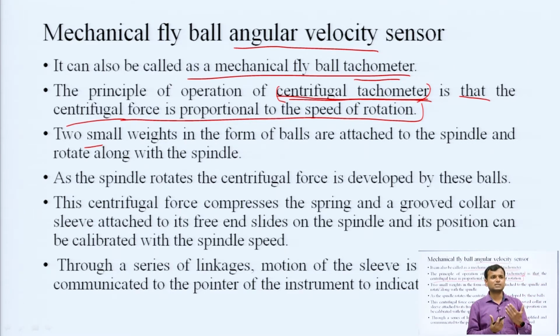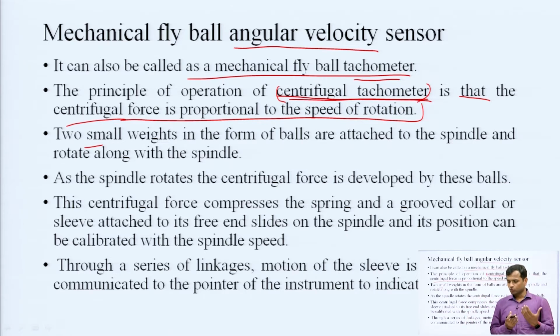So, these are various names of the mechanical fly ball angular velocity sensor. As the spindle rotates, centrifugal force is developed by these balls. This centrifugal force compresses the spring, and a grooved collar or sleeve attached to its free end slides on the spindle, and its position can be calibrated with the spindle speed.